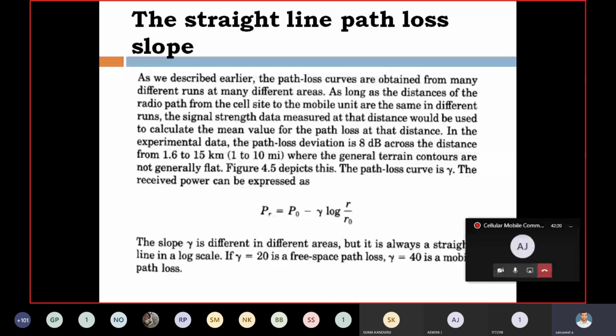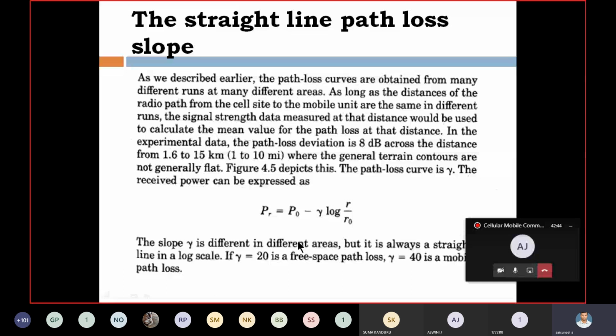Similarly, PT is given, PR is given, and alpha is the attenuation. The received power is PT minus attenuation. PR is equal to the transmitted power P naught minus the loss, and the loss depends on gamma into log of R by R naught. R is the distance.